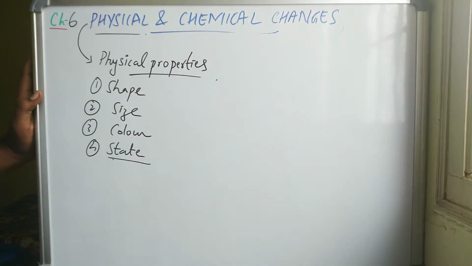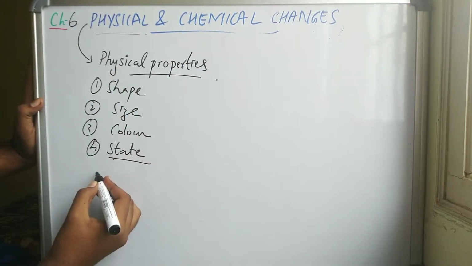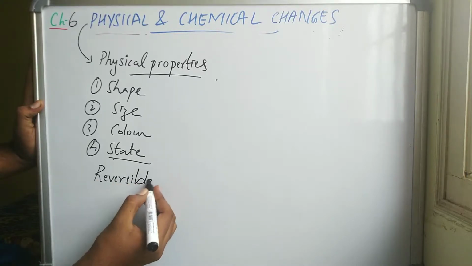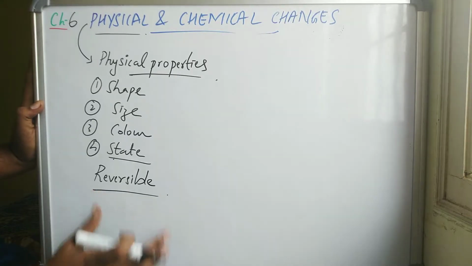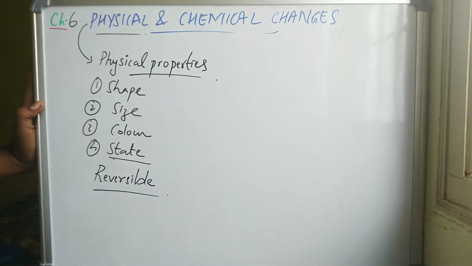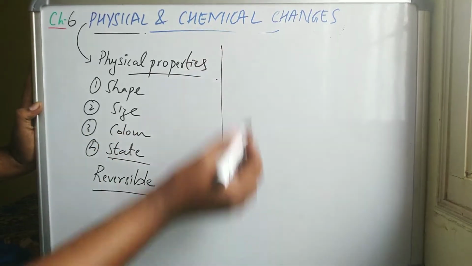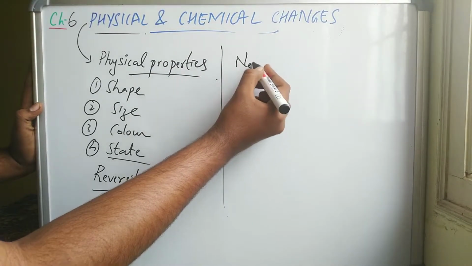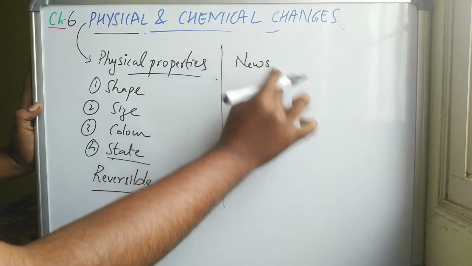Now what about chemical change? In physical change, a new substance is not formed, and it is reversible. We'll discuss reversible with examples. In chemical change, a new substance will be formed.